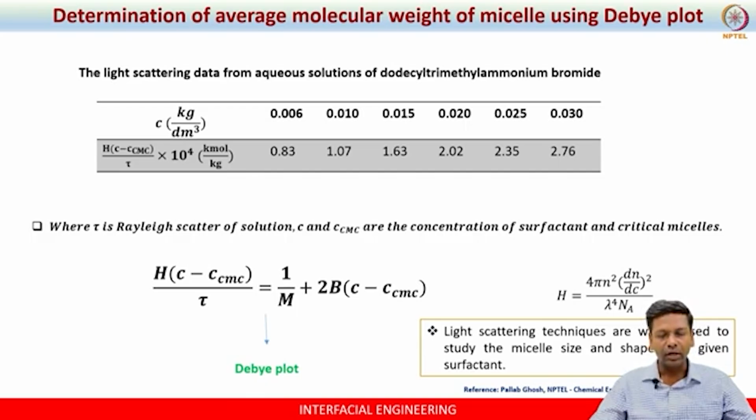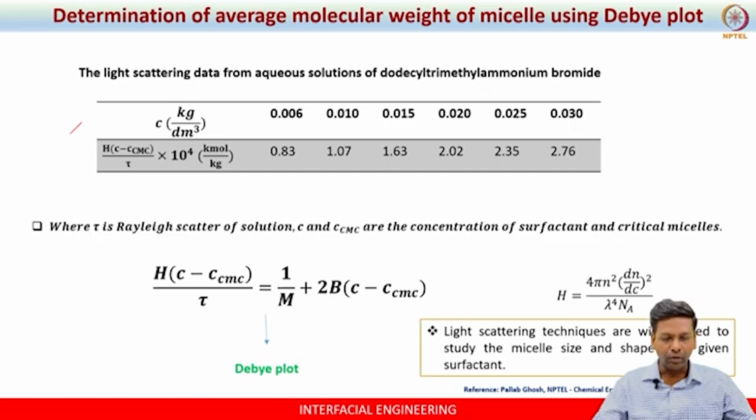So next we will look at the Debye plot. If you look at the Debye plot, it is basically obtained from the light scattering data. With the help of a light scattering instrument, one can obtain this data.